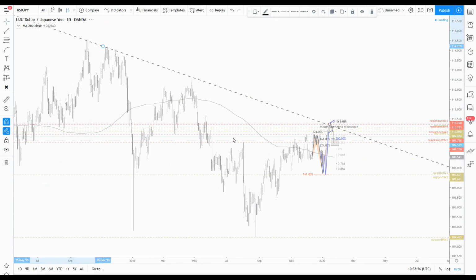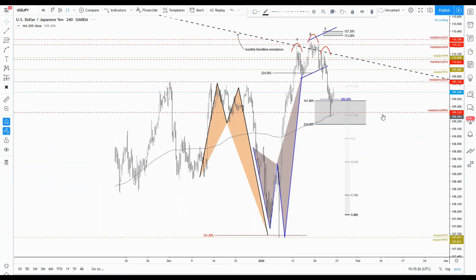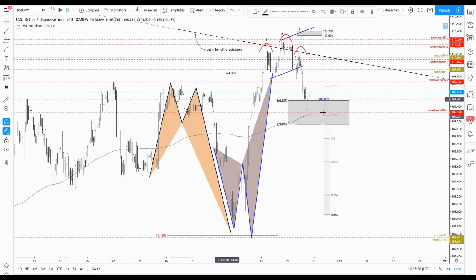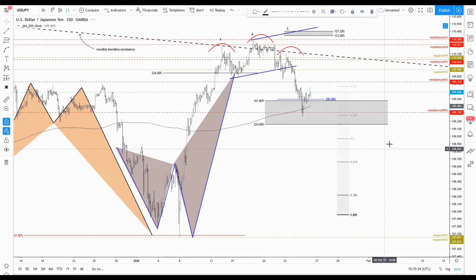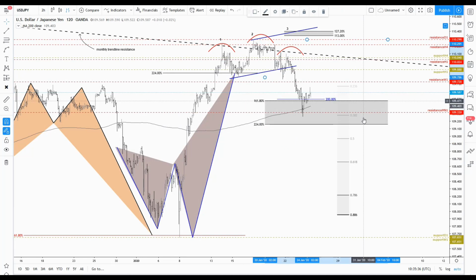And if you go into a 4 hour time frame chart, as I said before, we have found support at the 200 moving average, and we are also trading right in the middle. It has found support right in the middle of those two default shark pattern completion points, the 161 and the 224% fib.